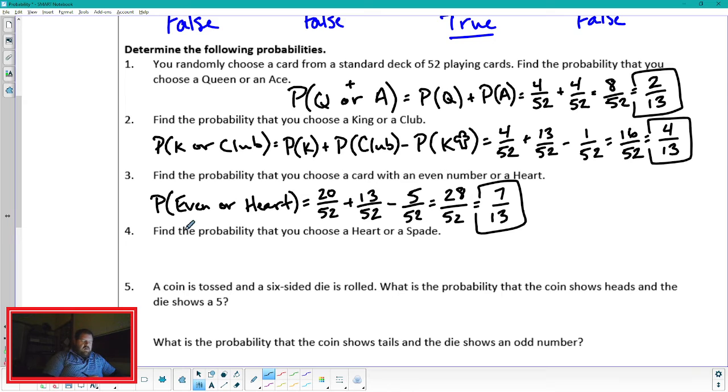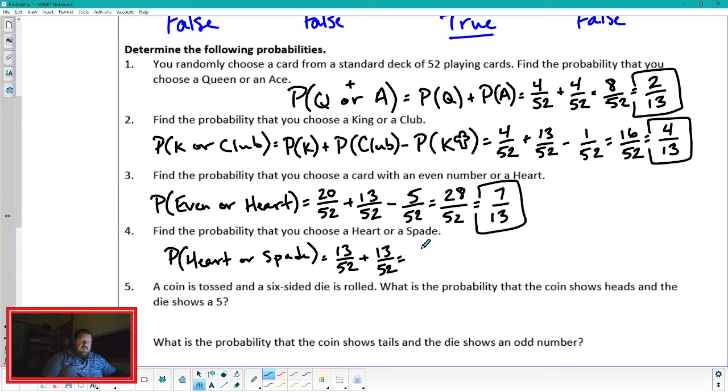Probability that you choose a heart or a spade. Okay, probability that you choose a heart or a spade. There's 13 hearts. There's 13 spades. There are no spade hearts, so there is no overlap.